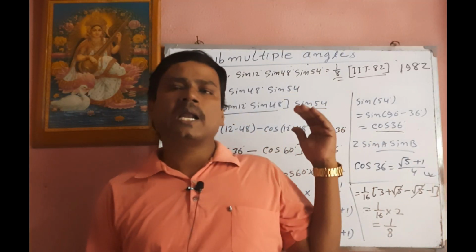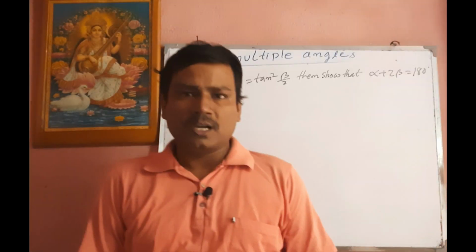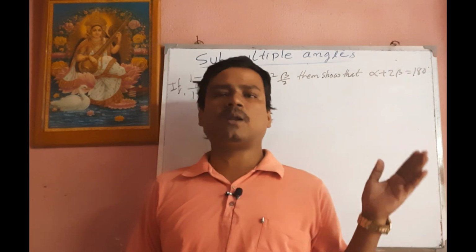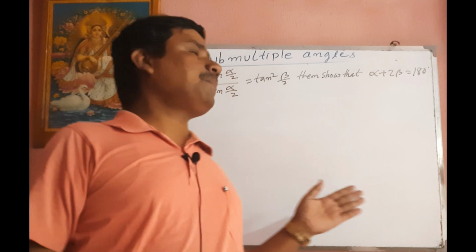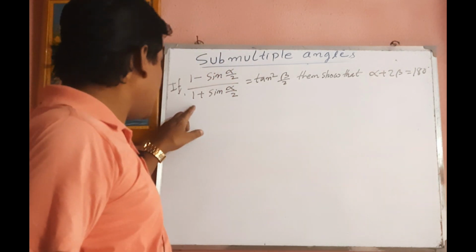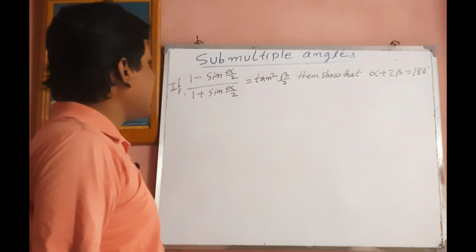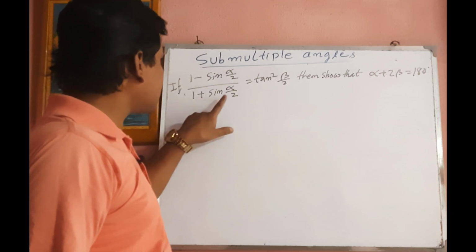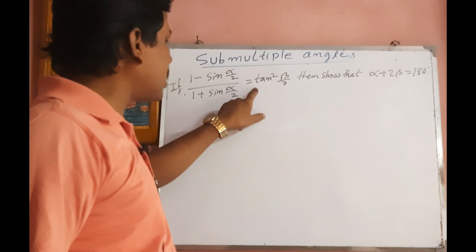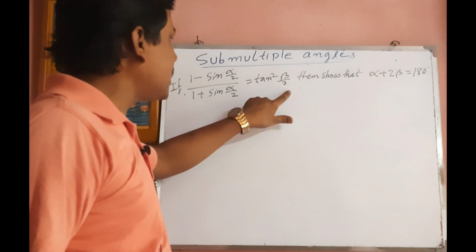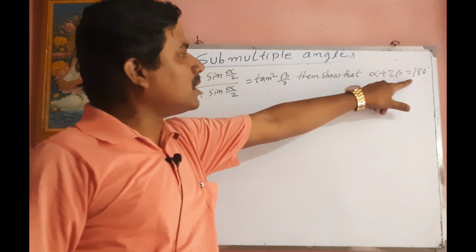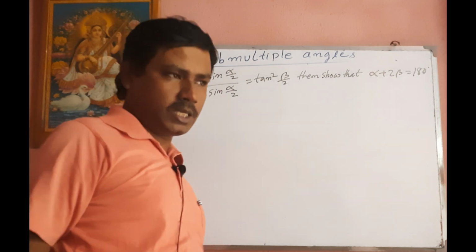Now we move to the next example. Now we are discussing the second and the last example of the day. The example is: if 1 minus sin alpha by 2 divided by 1 plus sin alpha by 2 is equal to tan square beta by 2, then show that alpha plus 2 beta is equal to 180 degrees.